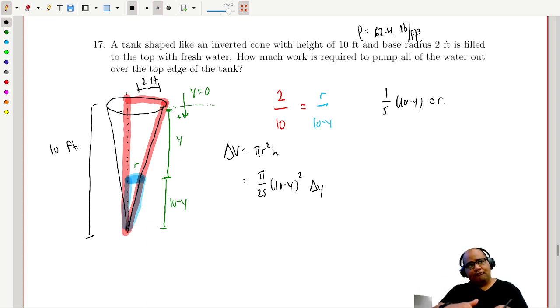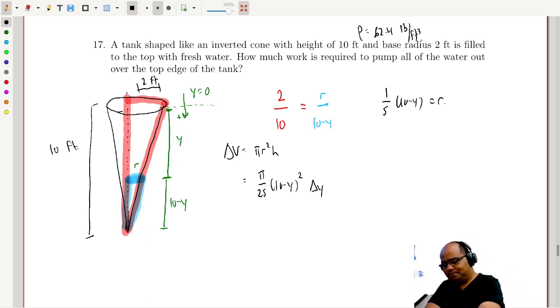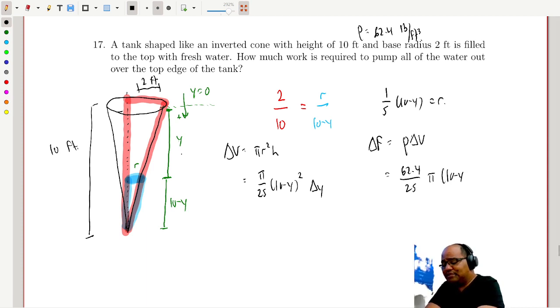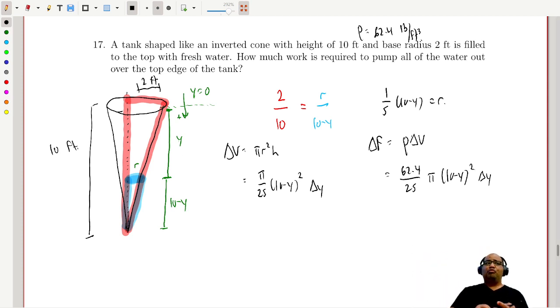And now we think about the force. To get the force, all we have to do is multiply the little volume element by the weight density. So we'll get 62.4 over 25 times pi, and then the rest of it, 10 minus y squared delta y. And now to get the work done in lifting this, we multiply by the distance it needs to travel.